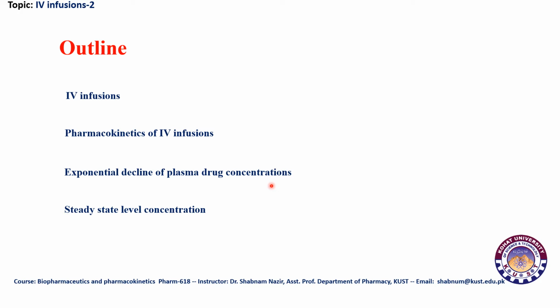So what is the basic difference between the exponential decline of plasma drug concentration in the case of intravenous infusion steady state levels and in the case of steady state levels achieved by multiple dosage regimens of oral administration? So in today's lecture, we are basically, in short, focusing on steady state and the various factors associated with the steady state.